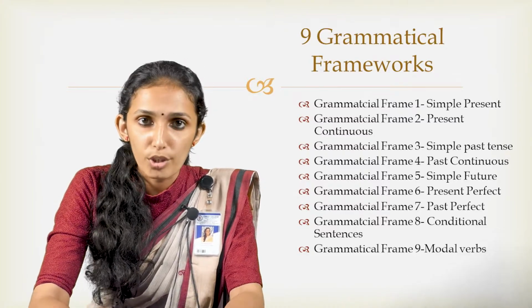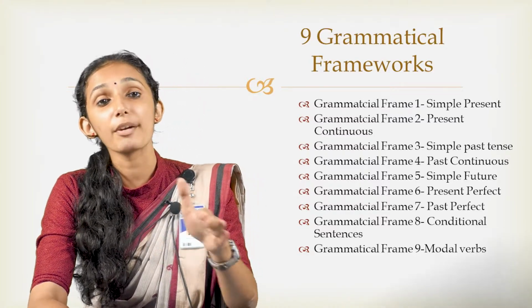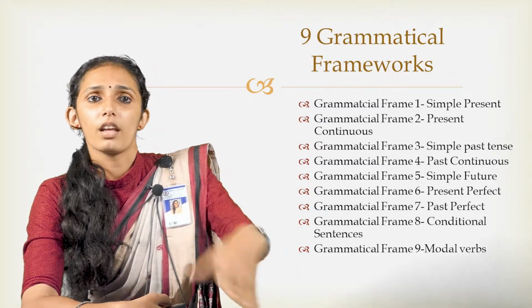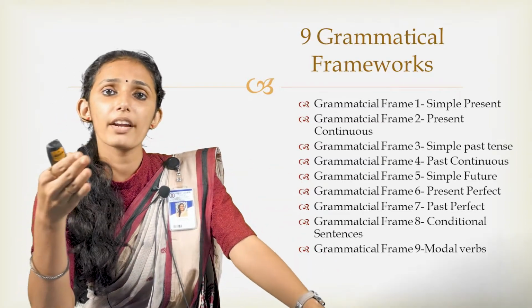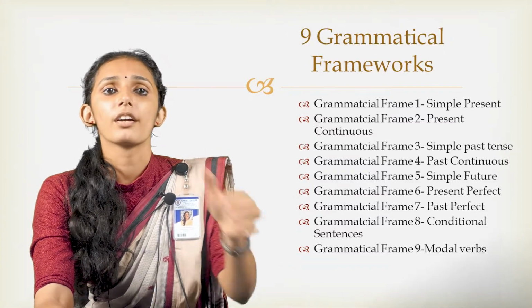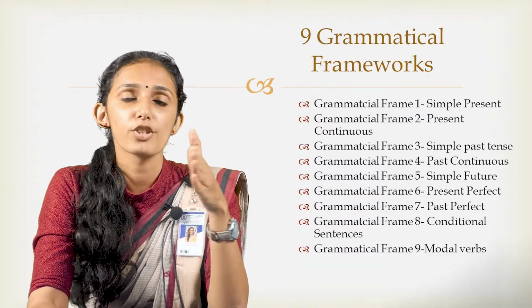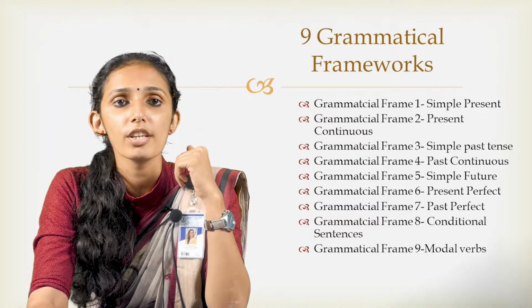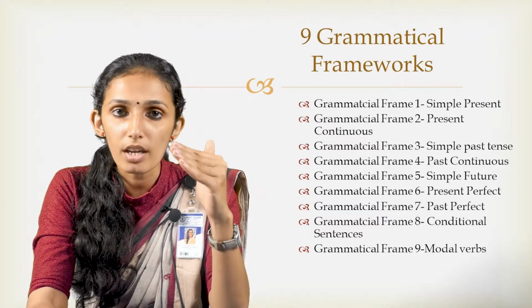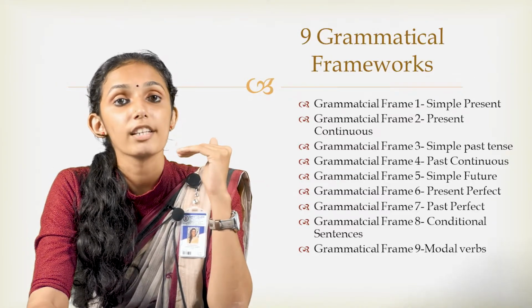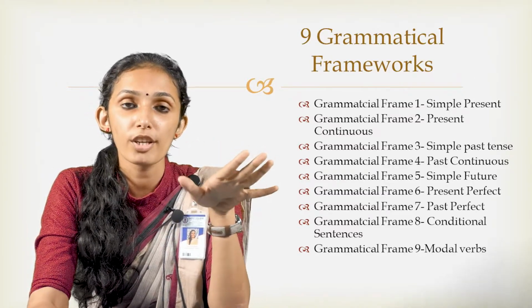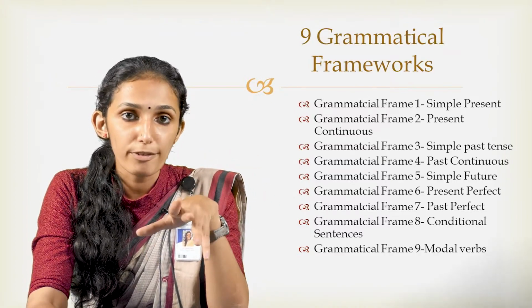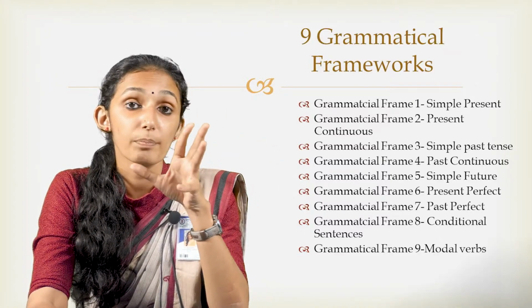This particular module is divided into 9 grammatical frameworks for ease of discussion. Grammatical Framework 1 will be a discussion on simple present, Grammatical Framework 2 on present continuous, Grammatical Framework 3 on simple past tense, Grammatical Framework 4 on past continuous, 5 on simple future, 6 on present perfect, and 7 on past perfect.